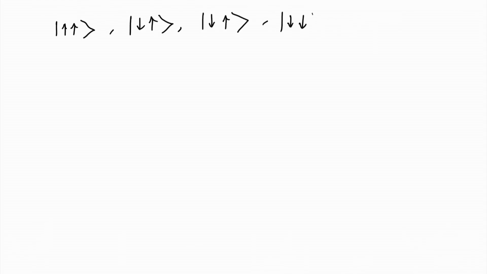These states are up, up; up, down; down, up; and down, down. And so, this forms the basis of the problem of a 2 particle, spin half system.